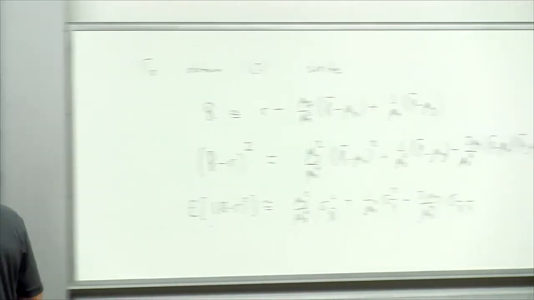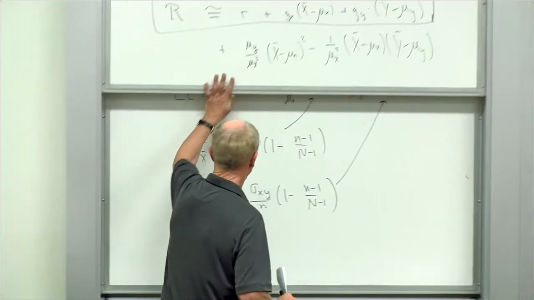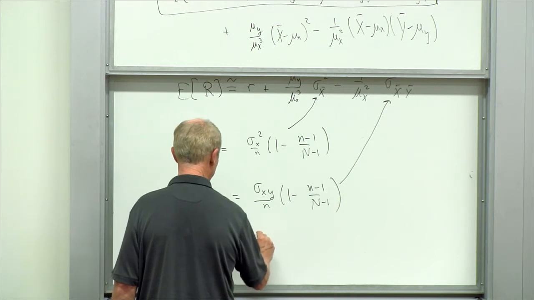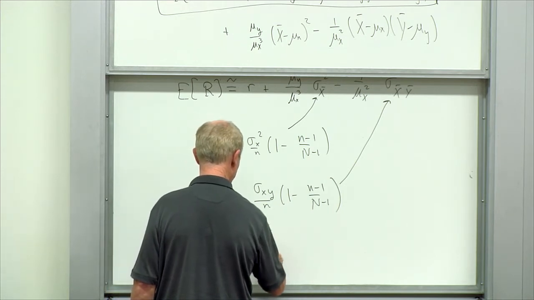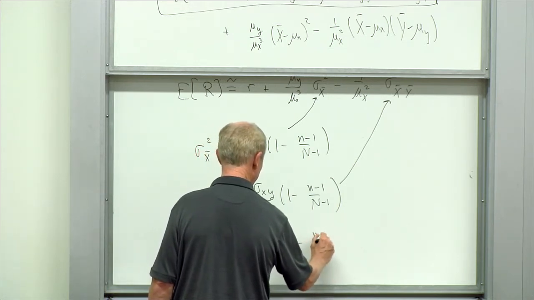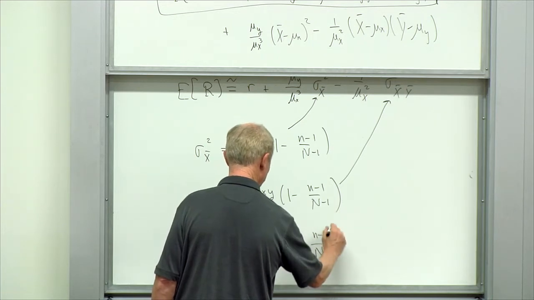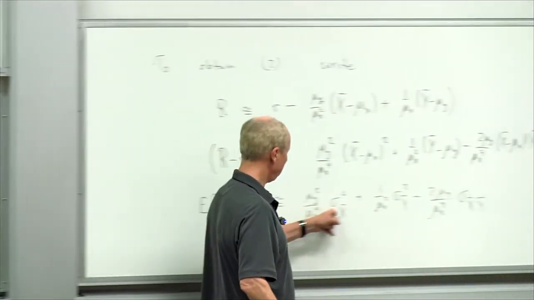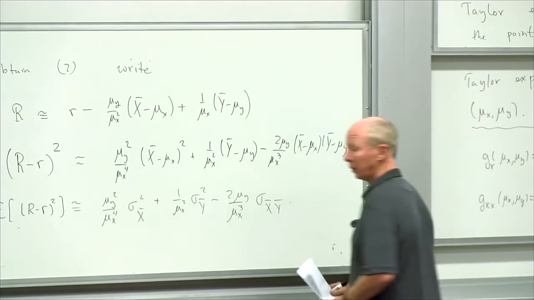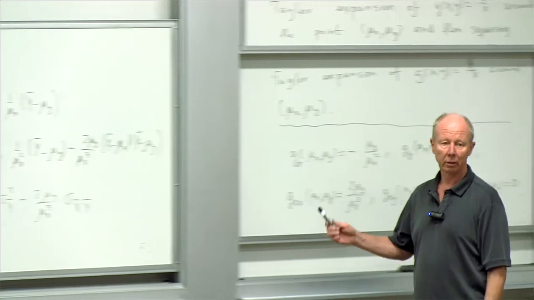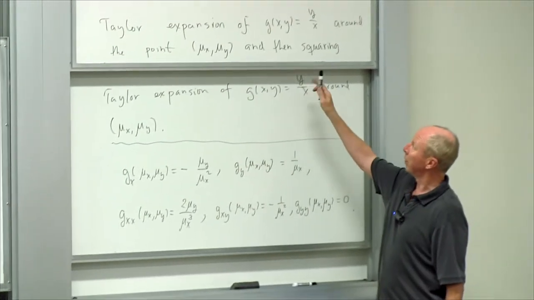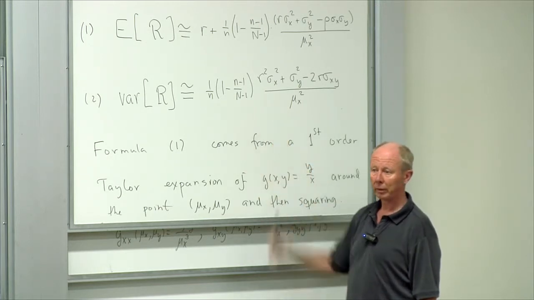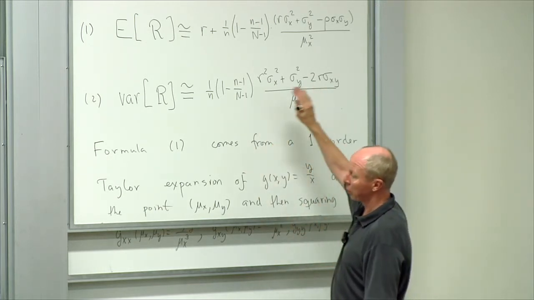And now we substitute in these three things. This, and this, and here, here, and here, and rearrange, factor out stuff, you'll get this formula. Okay, so that explains where these come from.